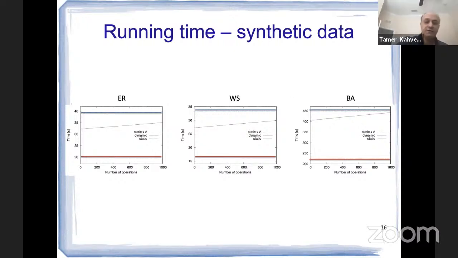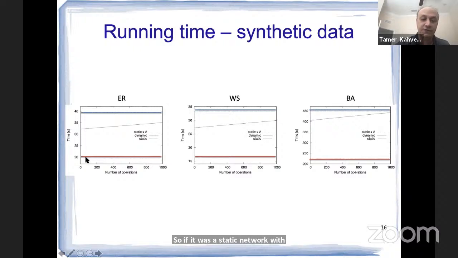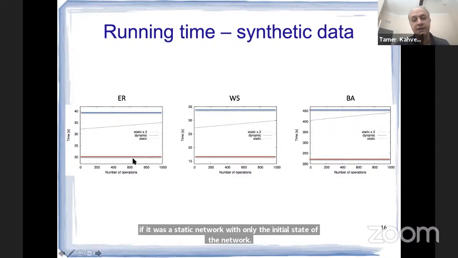So in this experiment, we measured the running time. What you see as the red horizontal line over here is the running time of calculating the motif count only for the initial state of the network. So if it was a static network with only the initial state of the network, this is the running time.